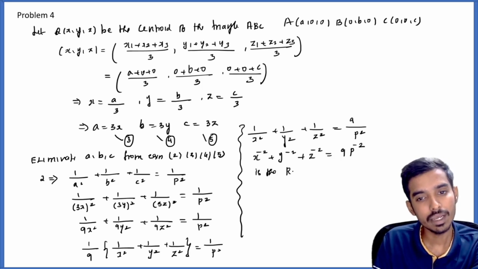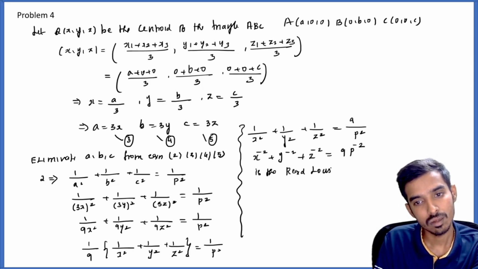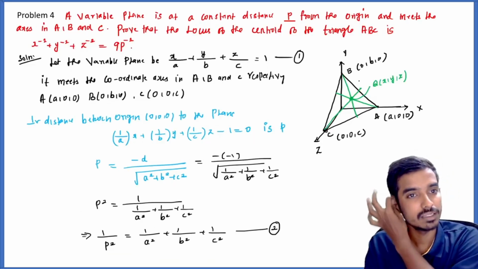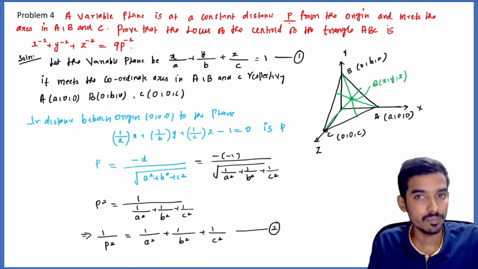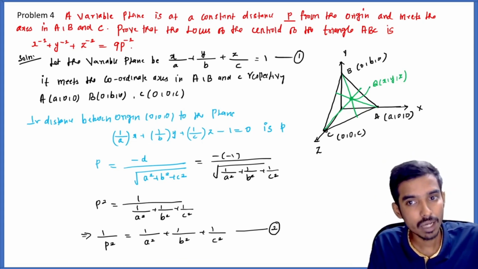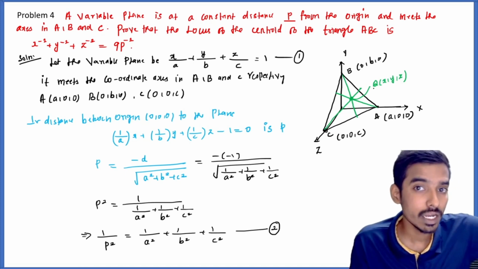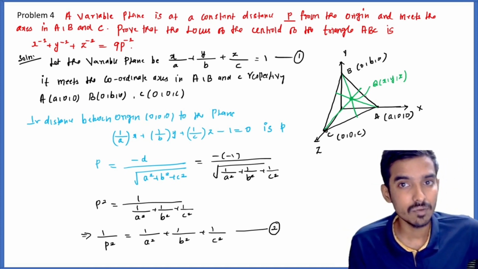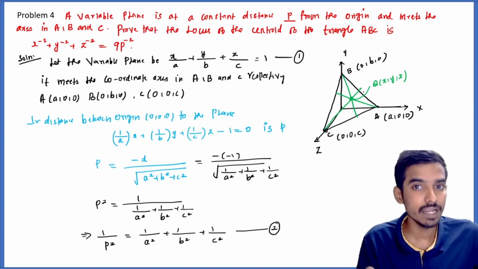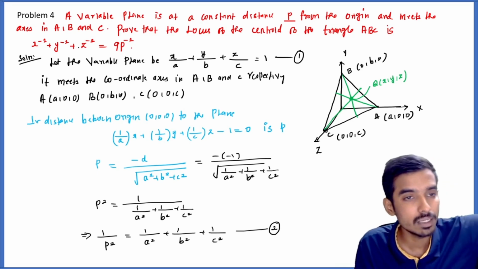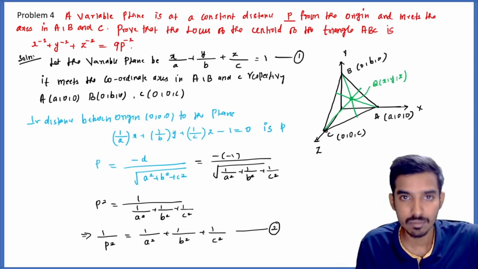This is the required locus of Q, where Q is the centroid of triangle ABC, right? Depending upon the value of p, the point Q will vary. Even though the coordinates may vary, all those x, y, z will satisfy an equation: x power minus 2 plus y power minus 2 plus z power minus 2 is equal to 9 times p power minus 2.